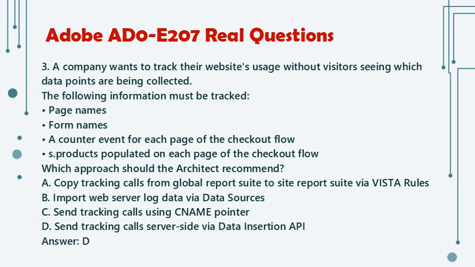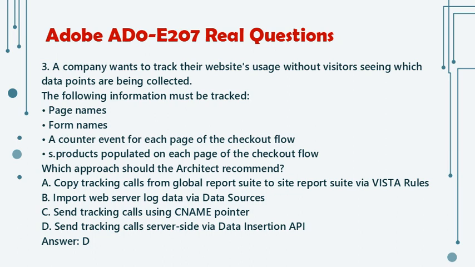3. A company wants to track their website's usage without visitors seeing which data points are being collected. The following information must be tracked: page names, form names, a counter event for each page of the checkout flow, products populated on each page of the checkout flow.